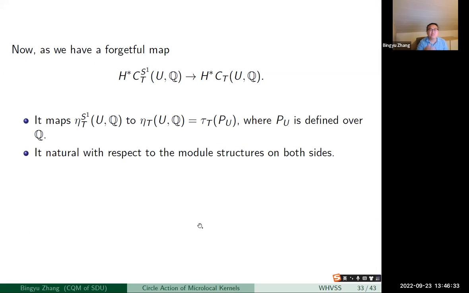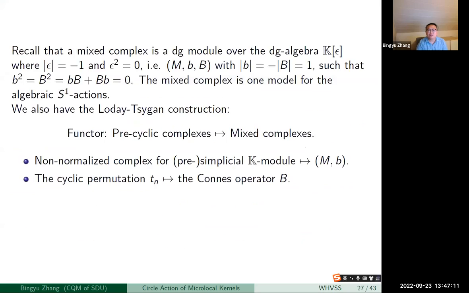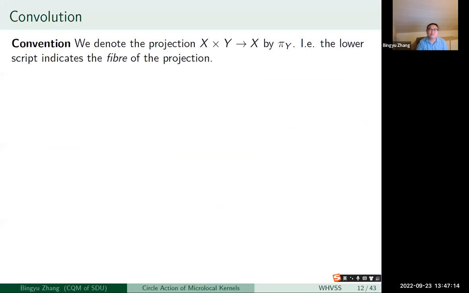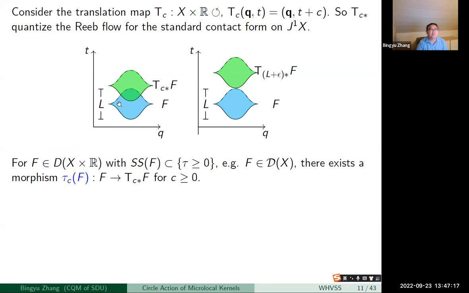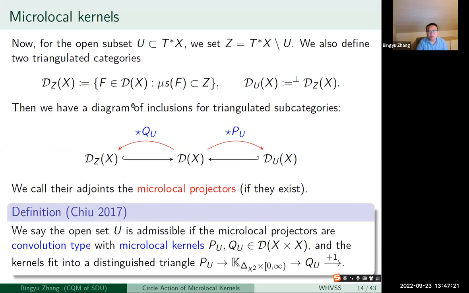For this capacity, the first consequence we can obtain is an explanation: if we consider the forgetful map from the S1 equivariant invariant to the non-equivariant invariant, one can verify that the S1 equivariant fundamental class is mapped to the non-equivariant fundamental class, and after some identification, we can verify the fundamental class equals the tau of PU, given by the morphism from our very early slides, using translation.